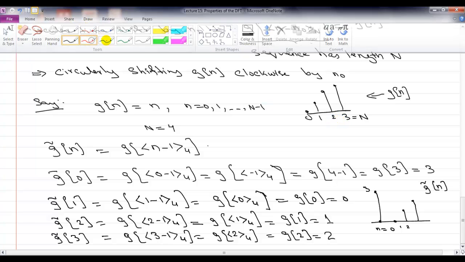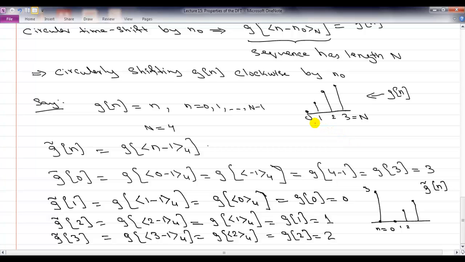What has happened is that it was a circular shift by 1. So whatever was at n equal to 0 moved to n equal to 1, as you do in linear shift. Whatever was at n equal to 1 moved to n equal to 2. Whatever was at n equal to 2 moved to n equal to 3.